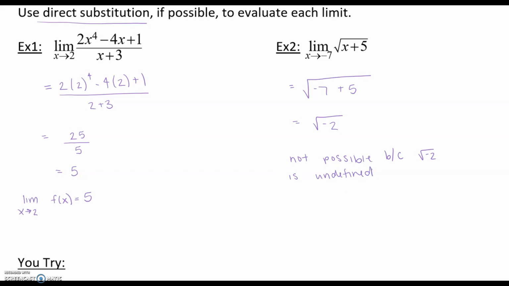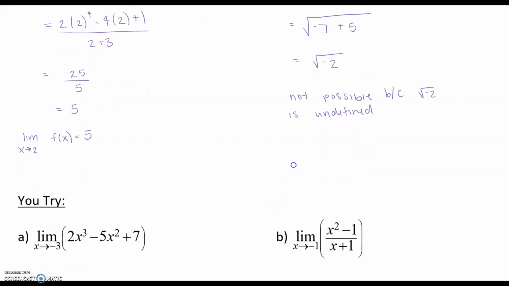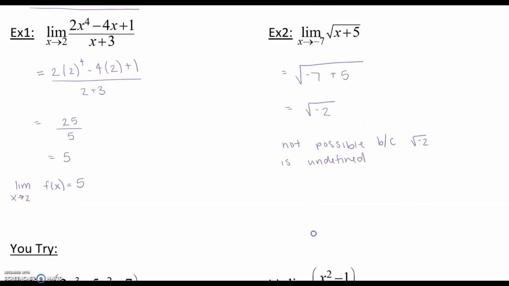So you could determine it does not exist. And that should make sense for that function, right? If it's a square root function, remember it looks like this, and it's being translated right 5. So at -7, there's going to be nothing on the graph.